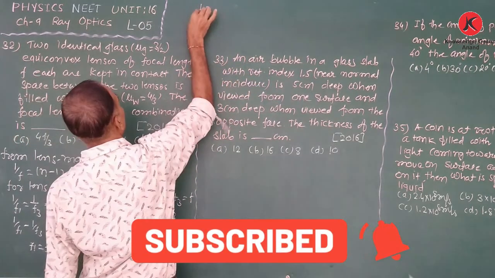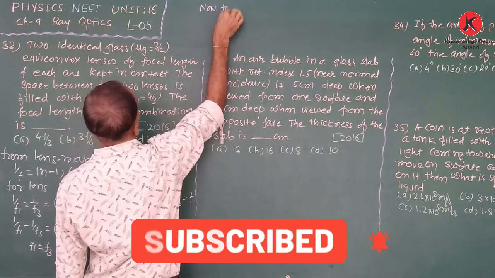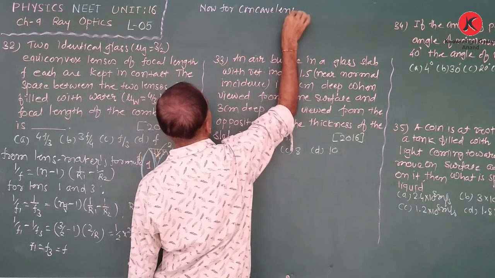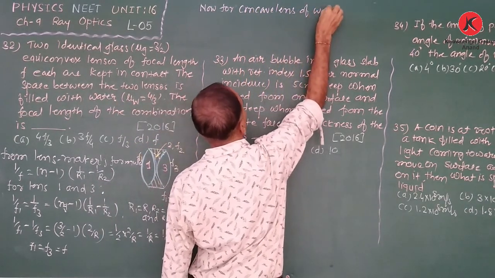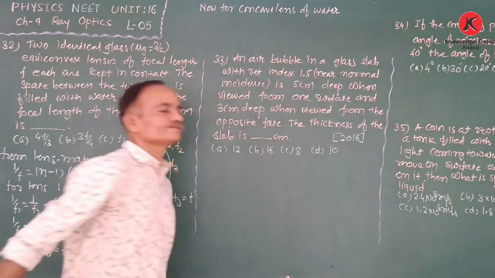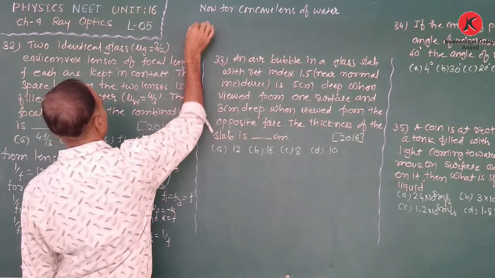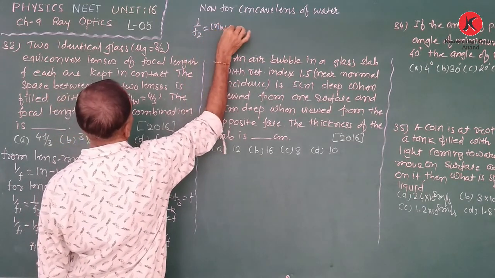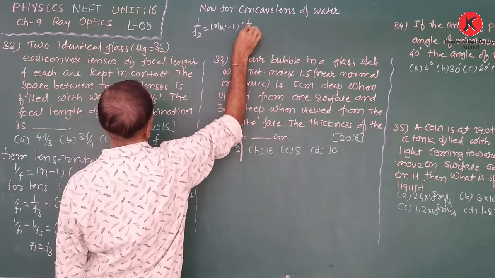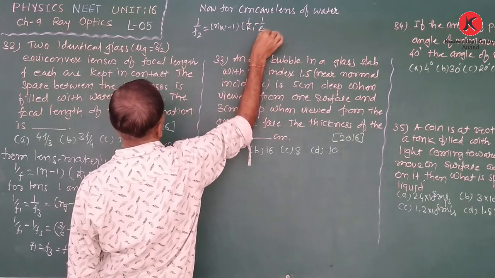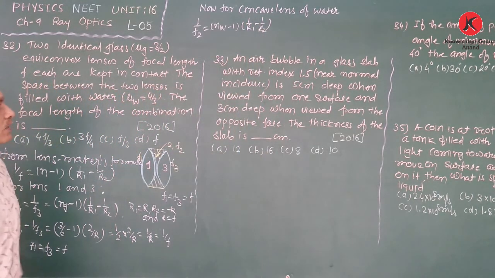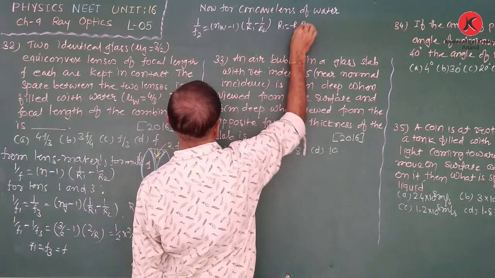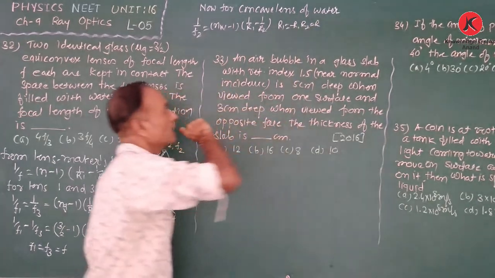Now, for the concave lens of water, the focal length is 1 upon f2. Here (mu w minus 1) into (1 upon R1 minus 1 upon R2). For this concave lens, R1 is equal to minus r, R2 is equal to r.